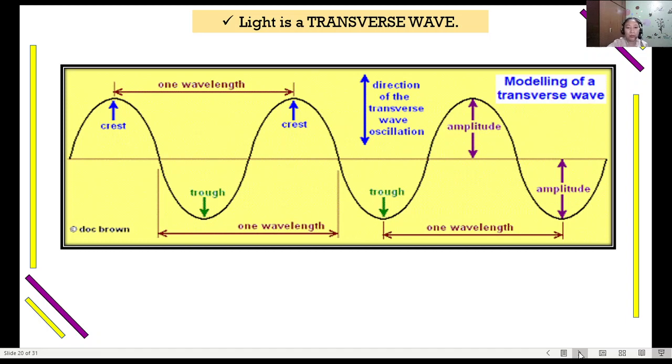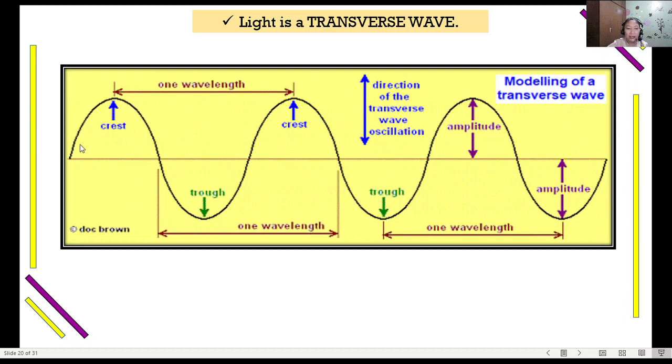So, yung tatlong mataas na nakita natin, the crest, crest, crest. Then yung baba, trough, trough, trough. Up, down, up, down. From crest to crest, one wavelength. Then yung trough to trough, one wavelength din yun.